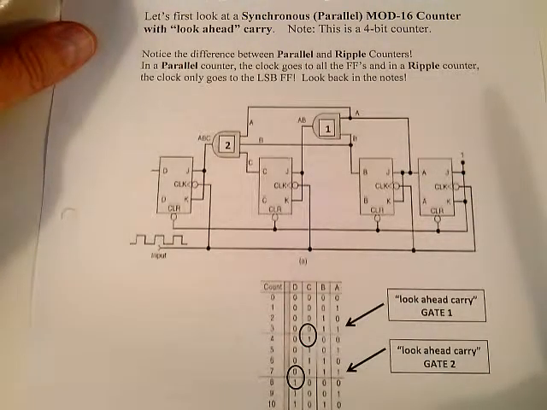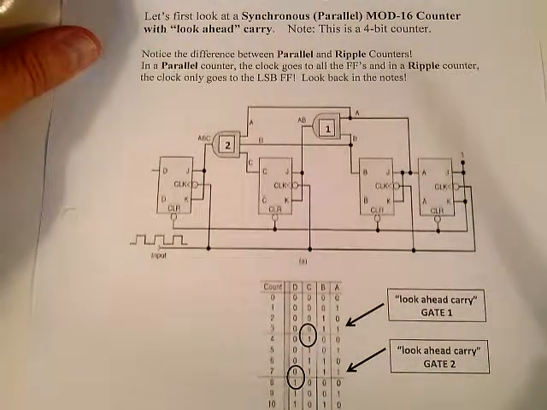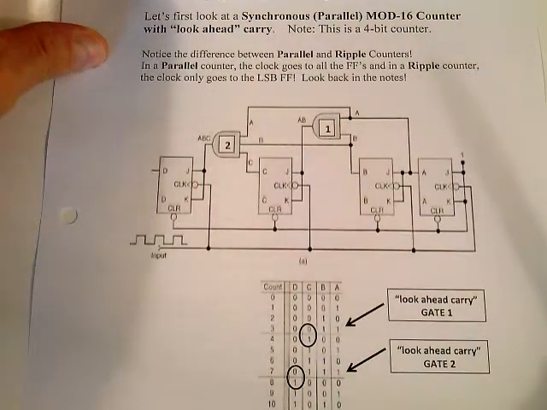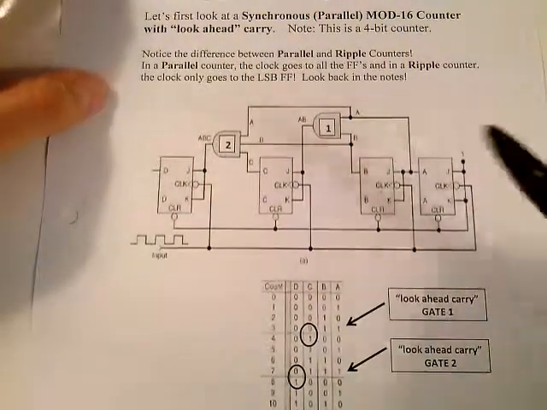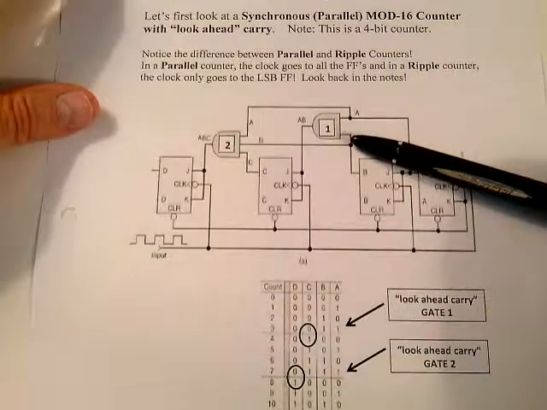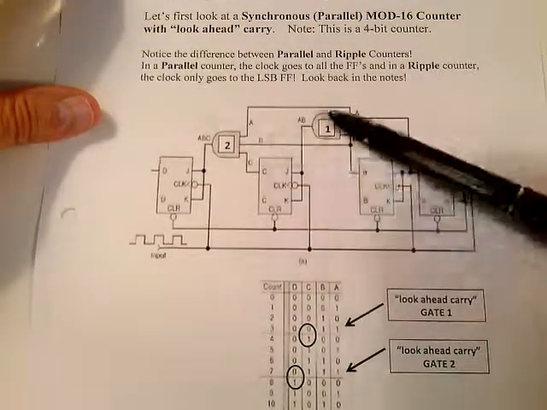So it had a limitation in speed, and we talked about that equation. You should be familiar with it. But here, these counters are a lot faster because of this look-ahead carry. I'm going to explain to you how that works.